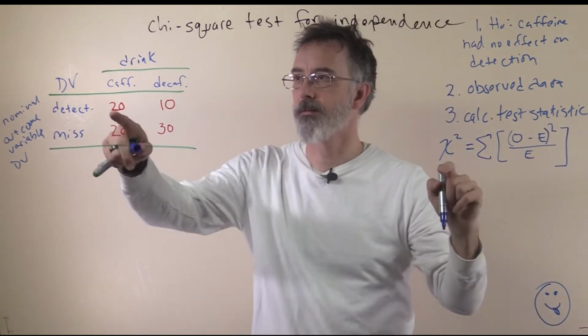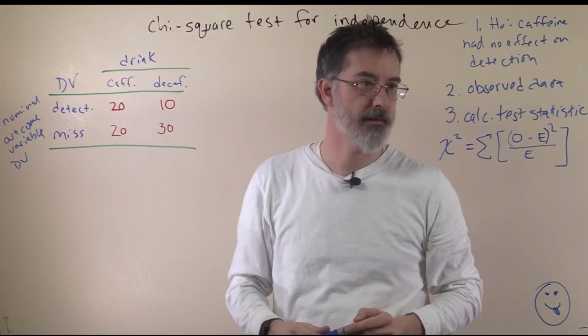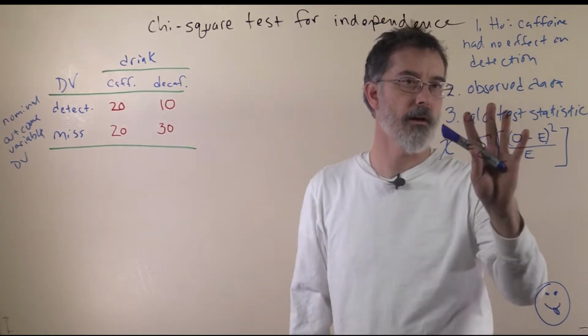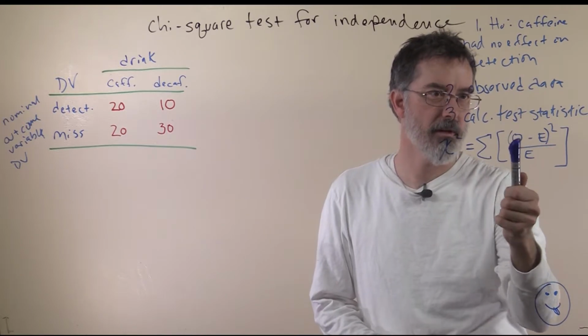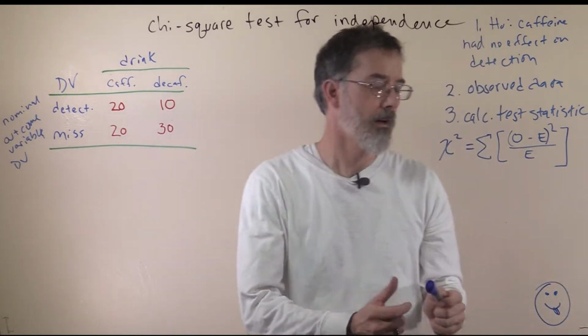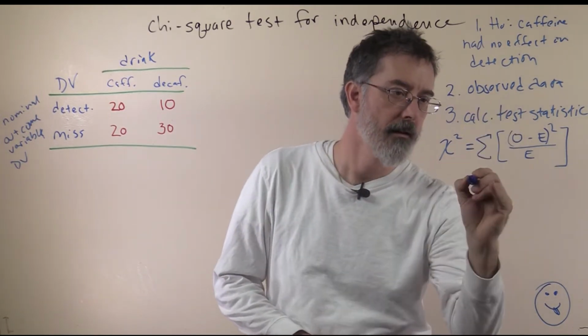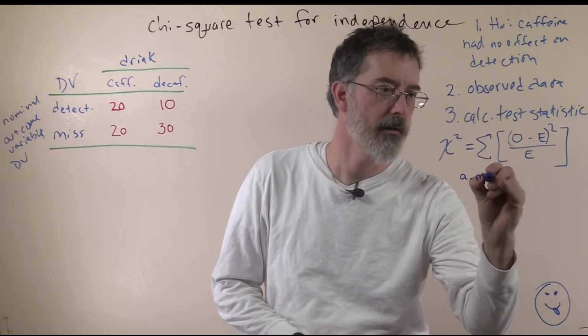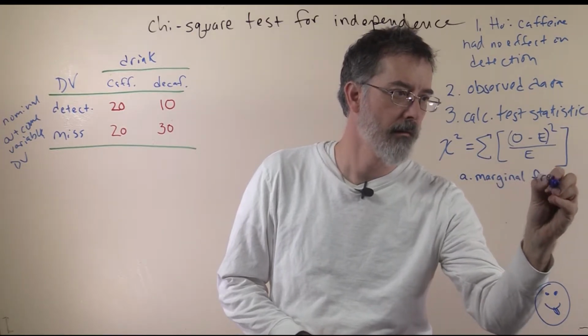And we do that for each of the 4 cells that we happen to have in this particular data set. So our third step here for calculating our test statistic is to do this, but we need to figure out what our observed and what our expected are. And for those, the first step that we need to do is calculate what are called marginal frequencies.